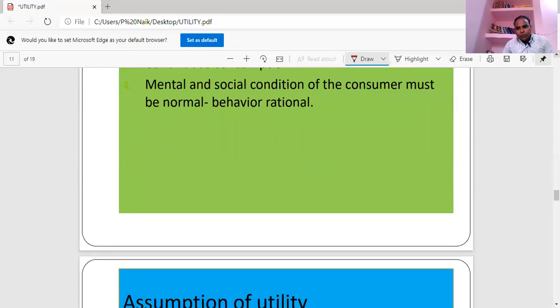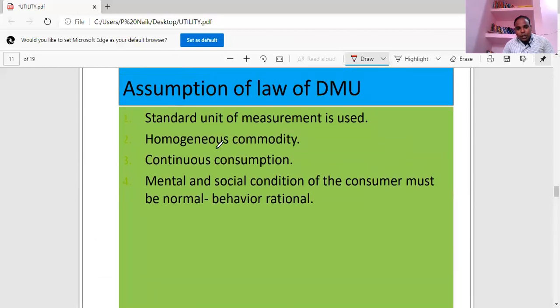Then the assumptions of the law of diminishing marginal utility: a standard unit of measurement is used, the commodity is homogeneous, consumption is continuous, the mental and social condition of the consumer must be normal, and the consumer's behavior is rational.